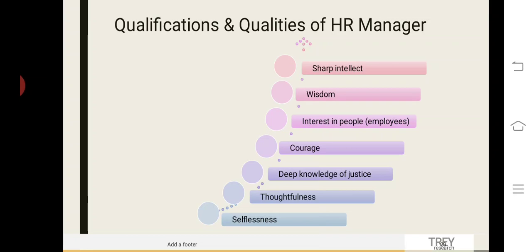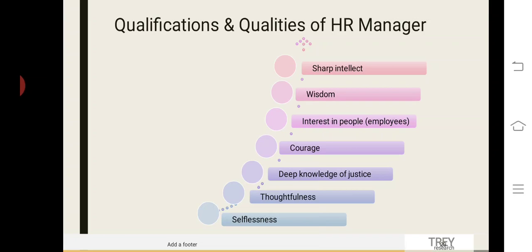So the company is ready to invest a huge amount for the employees, but if we do not get the outcome from employees, then what? So the HR manager is a kind of person who is able to convince the top management that if we are investing, naturally we are going to get all these benefits, and employees are getting satisfied. On the other hand, he should also give thought to what employees will be doing.